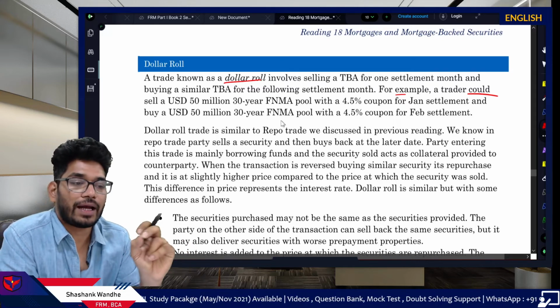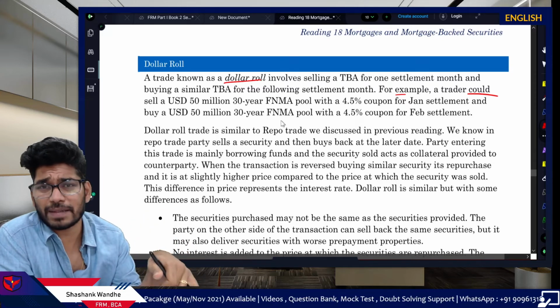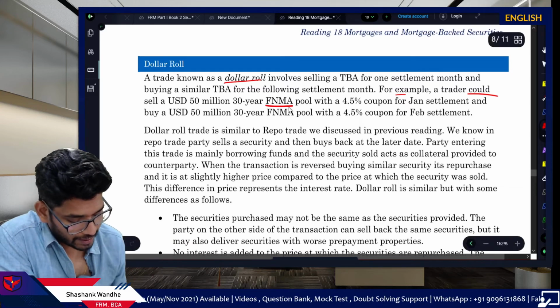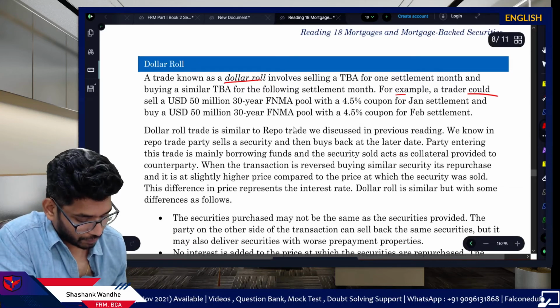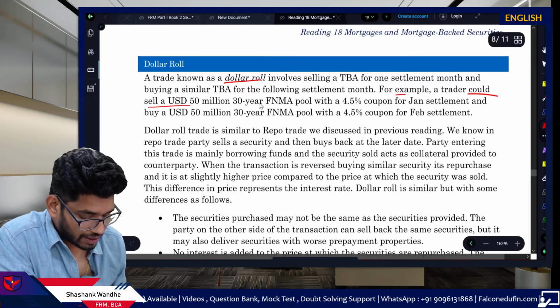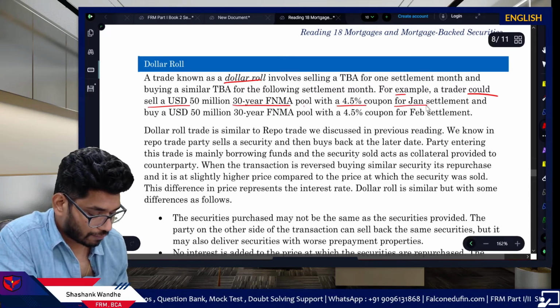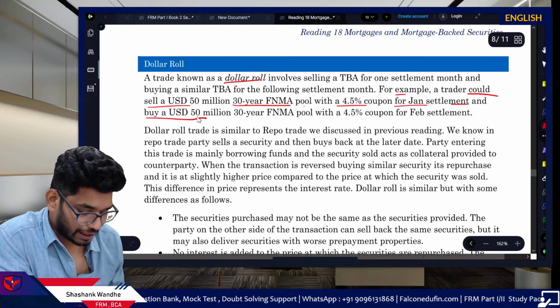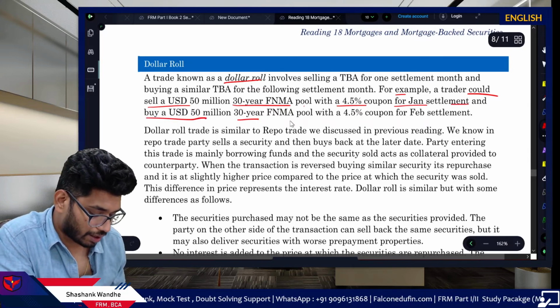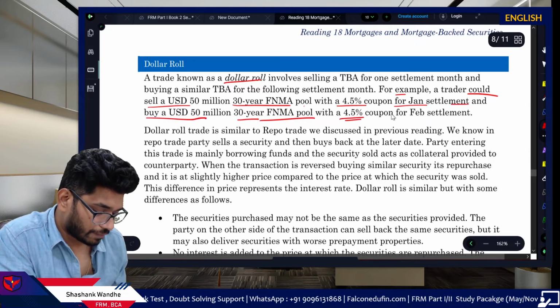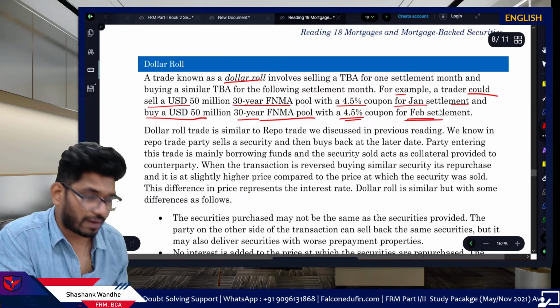Okay, so that's why we have the specific mention of this FNMA agency. Okay, he sells the USD 50 million 30-year FNMA pool with 4.5% coupon for Jan settlement. And then again, he will buy USD 50 million 30-year FNMA pool at 4.5% coupon for the Feb settlement.